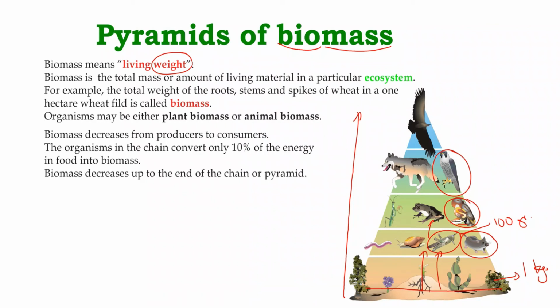The biomass decreases. So the organisms in the chain convert only 10% of energy in food into biomass. As this mouse eats 1 kilogram of food, it only gains 10 grams.